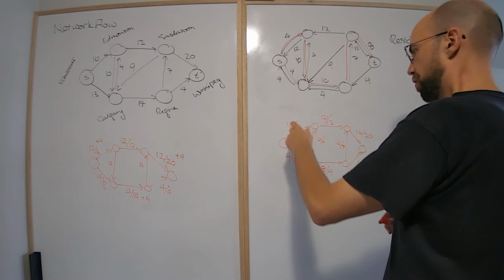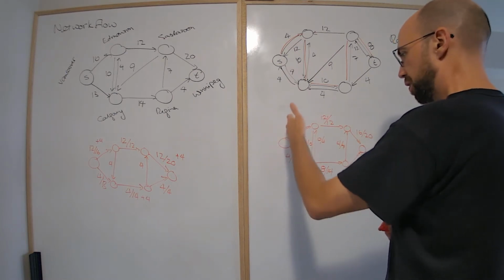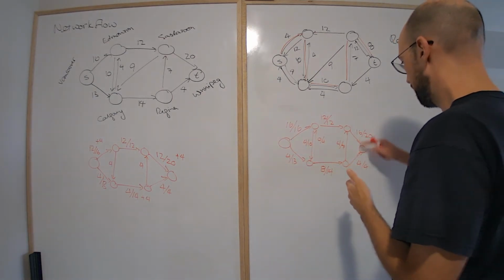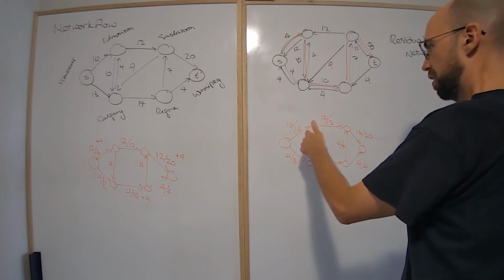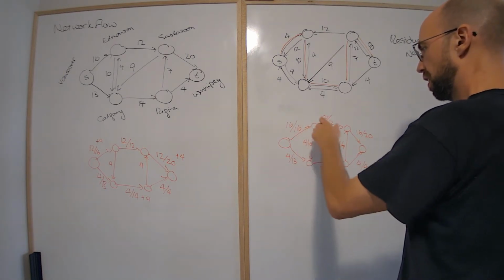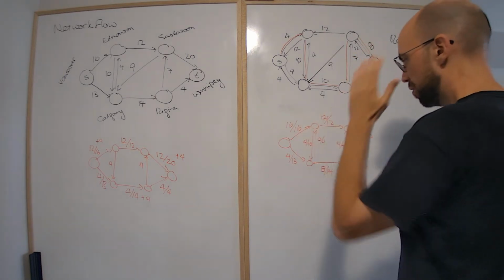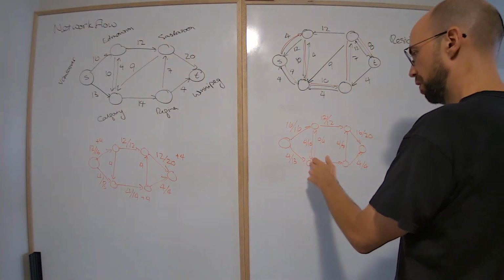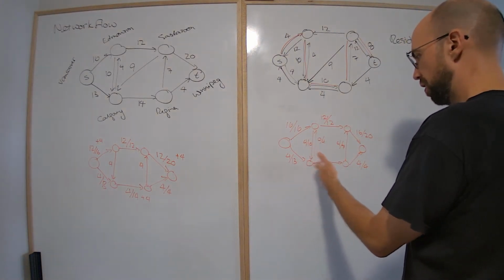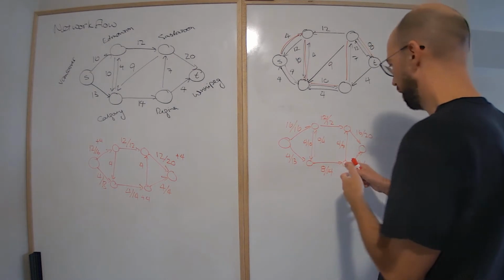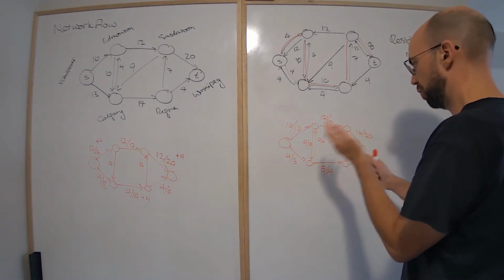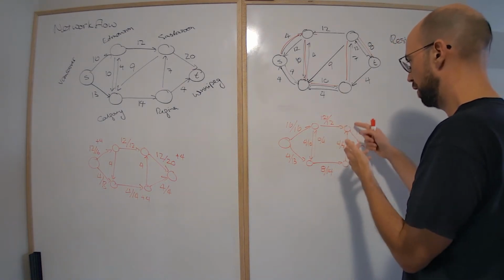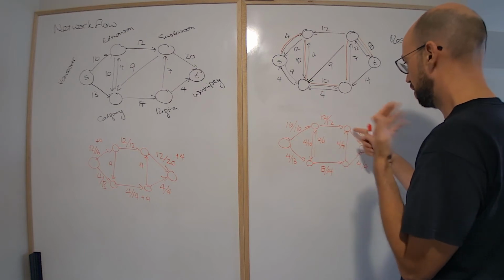Sorry. So coming out of here we have 20. Coming in here we have 20. Coming in here we have 16, and leaving we have 4 and 12, which is 16. Coming in here we have 4 and 4, which is 8, and leaving we have 8. Coming in we have 8, and leaving we have 4 plus 4, which is 8. Coming in we have 12 plus 4, which is 16, and leaving we have 16.